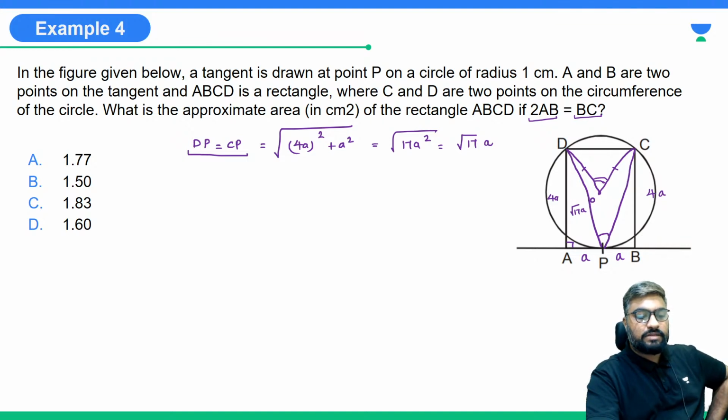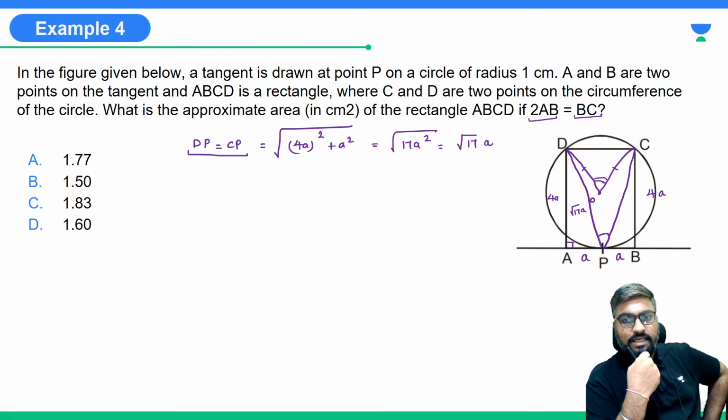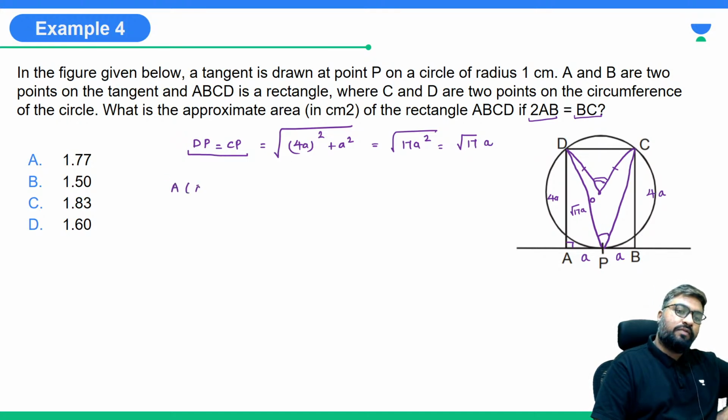If we look at this particular triangle CDP, this is 4a, this is 2a. So area of triangle CDP will be basically what?